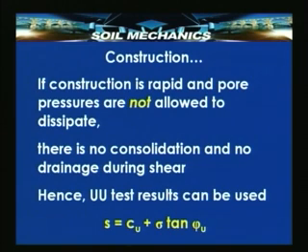Ideal test for simulating this condition would be the unconsolidated undrained test. The results of this test are the most appropriate for use during evaluation of the safety of the dam during rapid construction. So, s is equal to c_u plus sigma tan phi_u, where sigma stands for the total stresses.